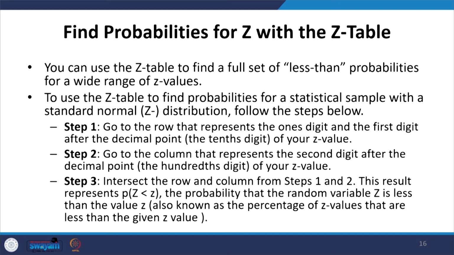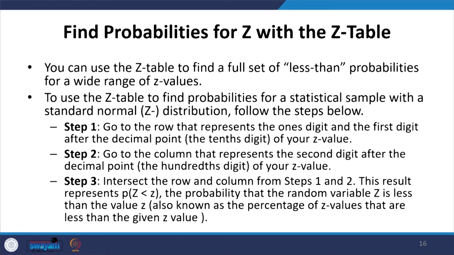To use the Z value to find the probability for a statistical sample with a standard normal Z distribution, we follow these steps. First, go to the row that represents the ones digit and the first digit after the decimal point of your Z value.